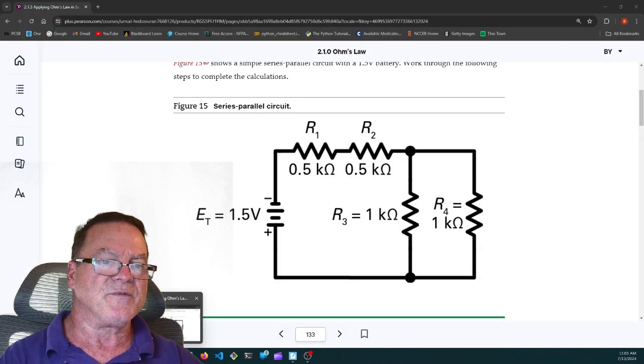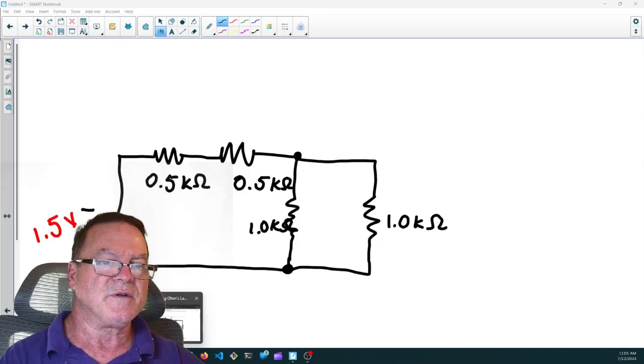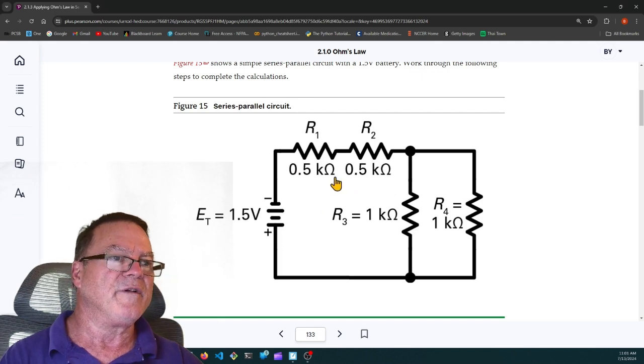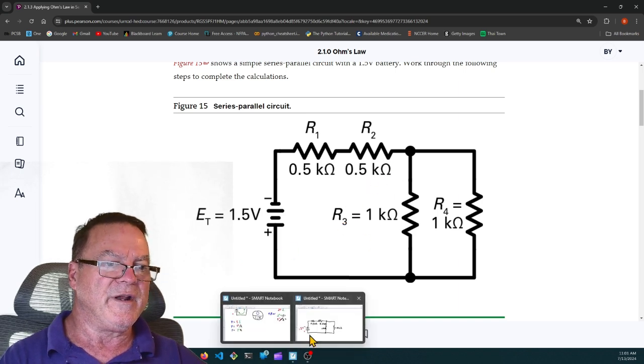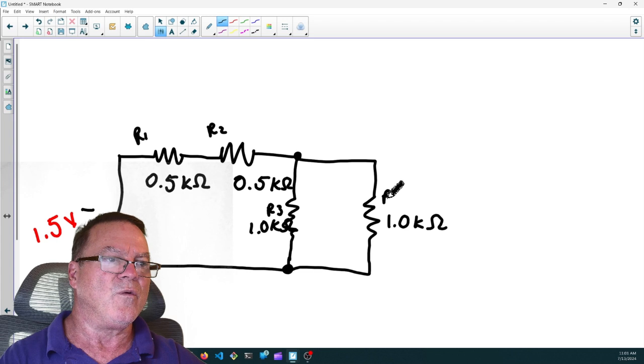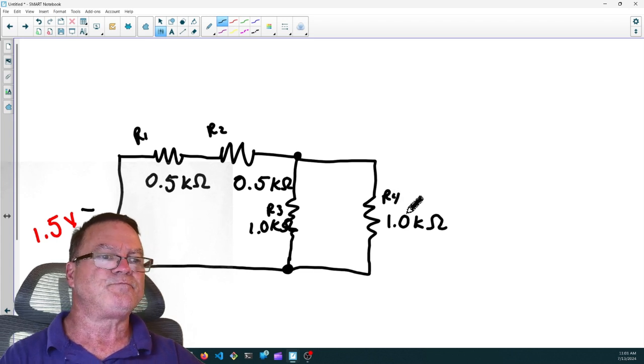Let me see if that's right. Yes. There. 0.5, 0.5, 1, and 1. Okay. Very good. 1, 2, 3, 4. All righty. So this is R1, R2, R3, and R4. So we're going to combine R3 and R4.